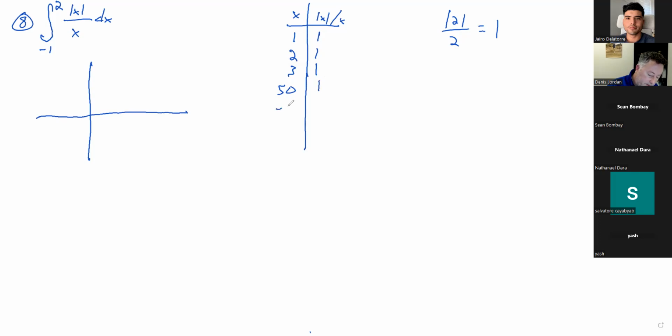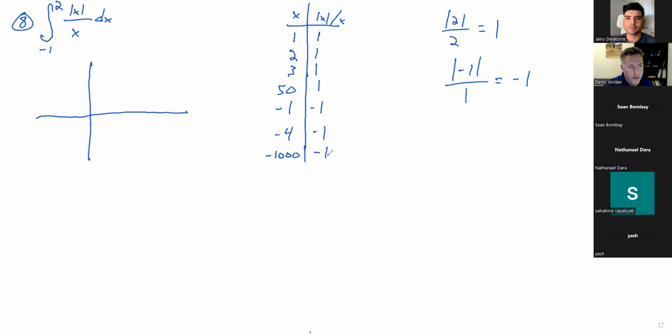Well, what if you plugged in -1? That's going to give you a -1. If you plugged in -4, sorry, -1. If you plugged in -1,000, that's also going to give you -1.